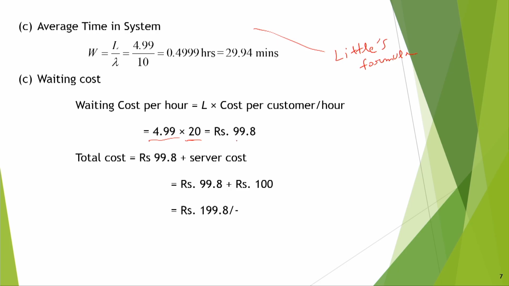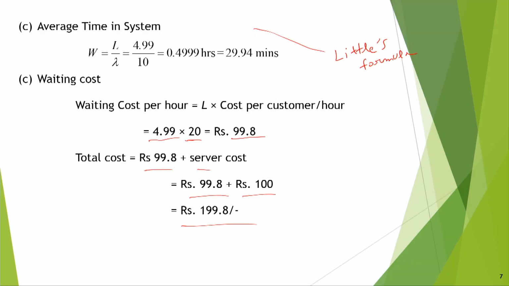So that means rupees 99.8, and total cost is equal to rupees 99.8 plus server cost, that means 99.8 plus 100, that is 199.8. So you have to count that when you run a business, you don't just see only the server cost, rather you have to see how much extra cost of waiting etc. there is. So it becomes 199.8 per hour.